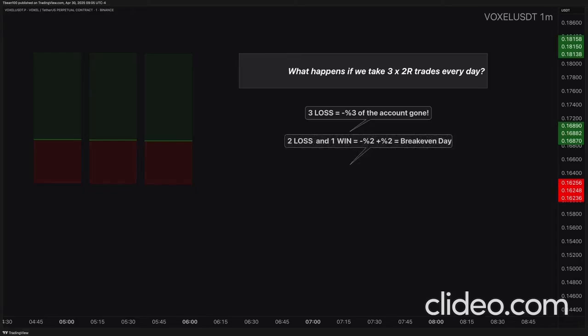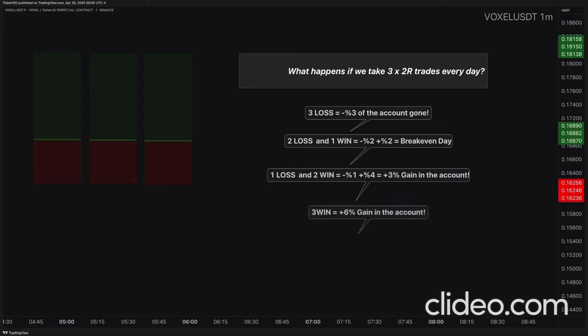Then I would be ending the day with a break-even, all day's work gone, no loss or gain in the account. However, if I get 1 loss and 2 wins, then I would have 3% on my account. Lastly, if I can get 3 wins, I would be rocking a 6% gain in my account.